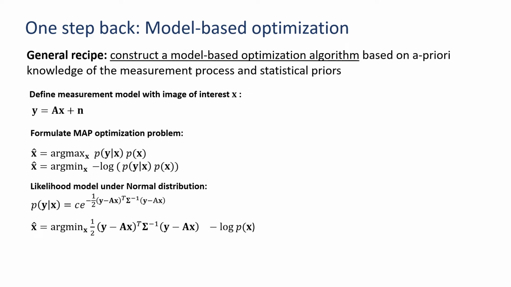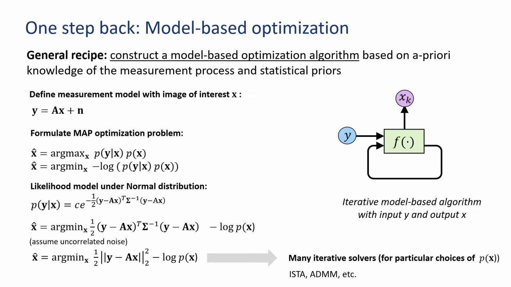Now, if we assume that noise is uncorrelated, then we get the regular least squares term. So that's that first Euclidean distance squared term, minus log of p(x), which is the prior.